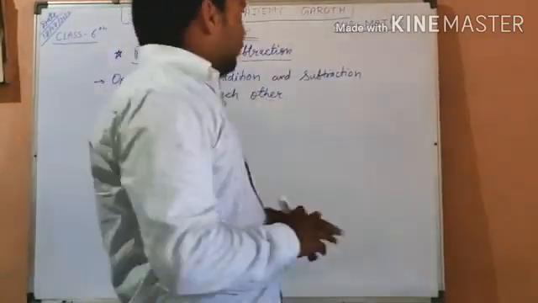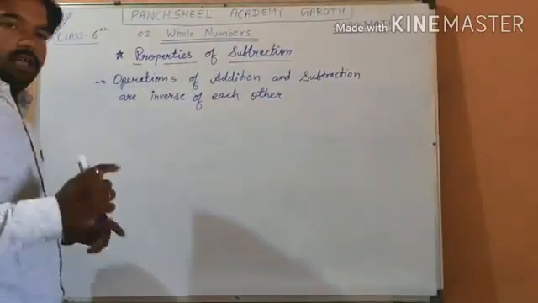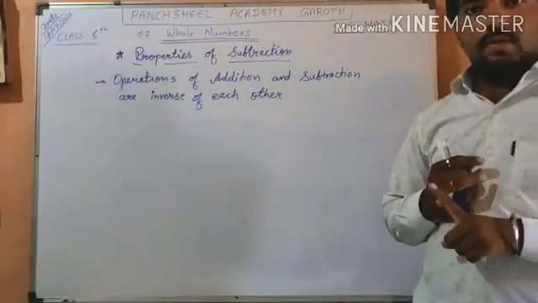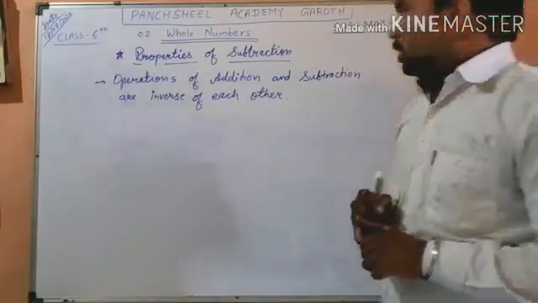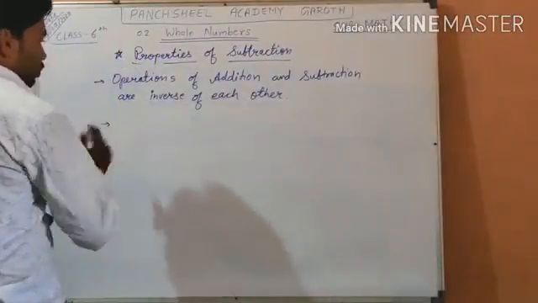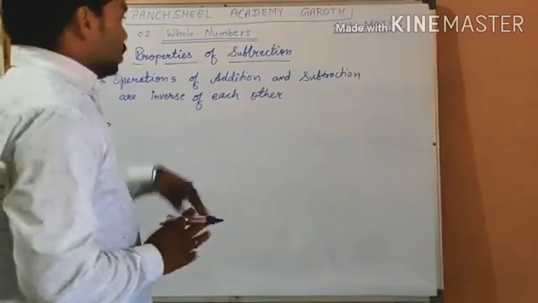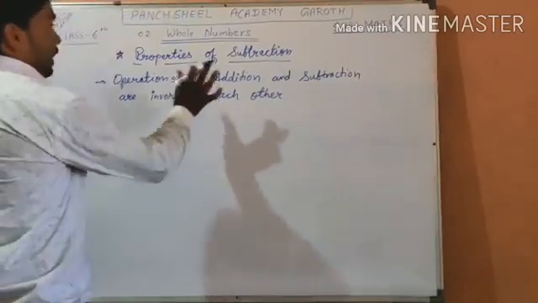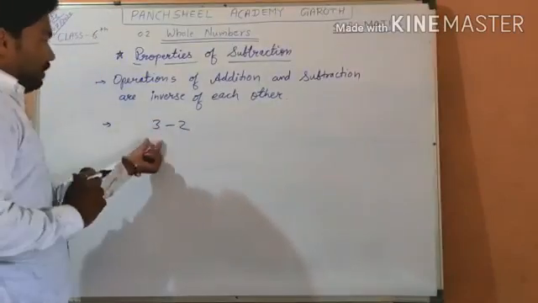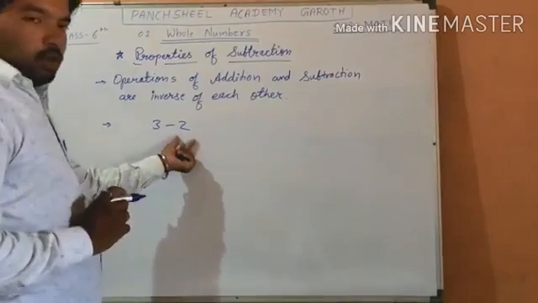But if we talk about properties of subtraction, in addition the first property is the closure property. In closure property we know that the addition of any two whole numbers is also a whole number. Let's see in subtraction: if I subtract 3 minus 2, where 3 and 2 are whole numbers, the result 1 is also a whole number.